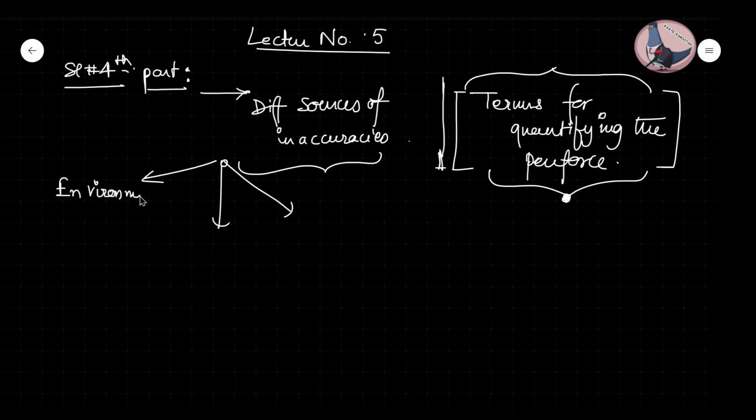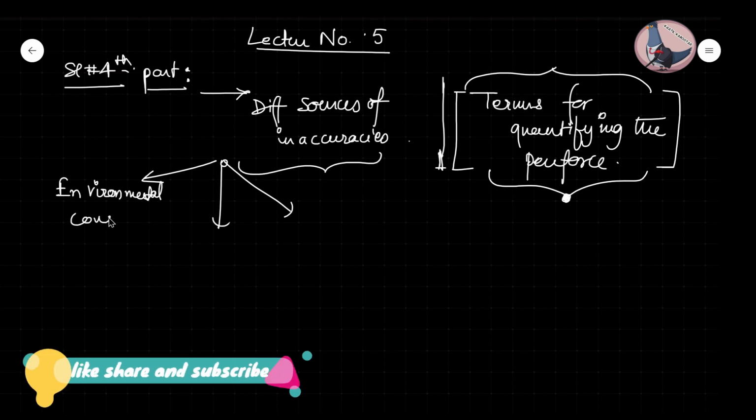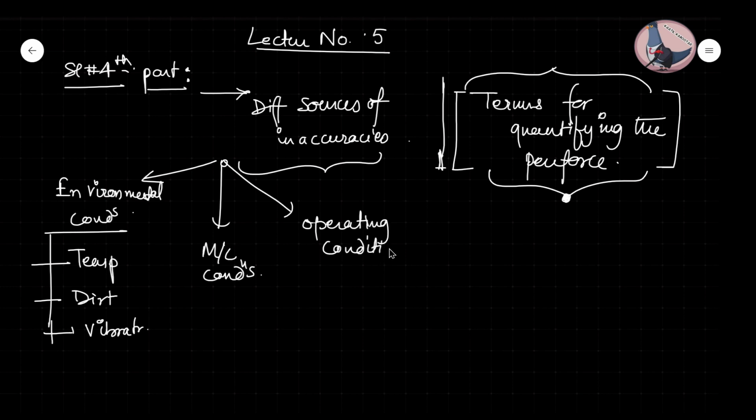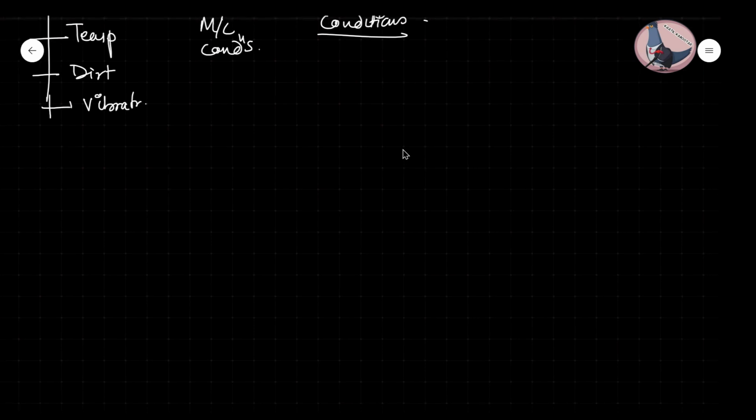In these environmental conditions, it can be your temperature, then it can be your dirt, it can be your vibrations. Then the second one is machine conditions. And the last one is your operating conditions. So these one by one we will take up. Fine. So the first one is your environmental conditions.